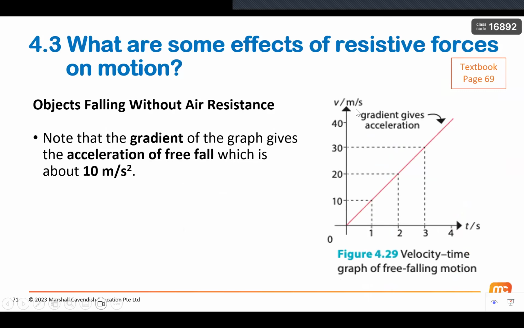The gradient of this velocity time graph is the acceleration, and it will always be equal to 10. So it will be a straight line with a constant gradient.